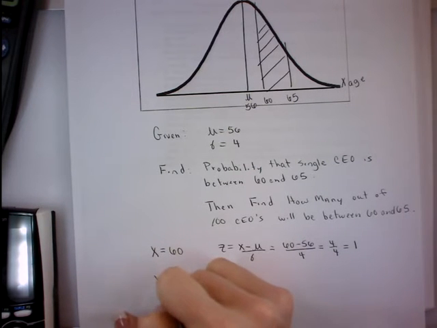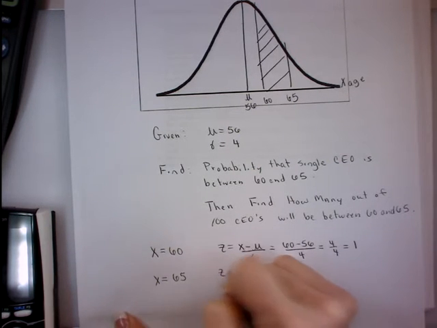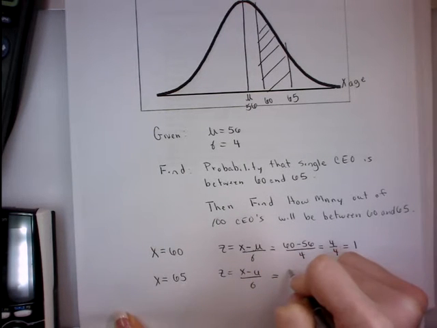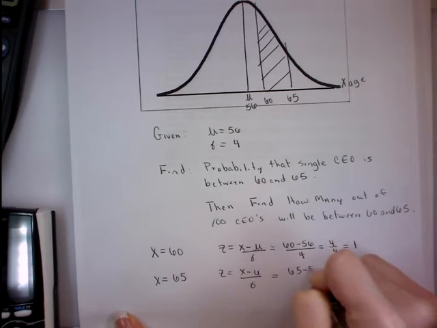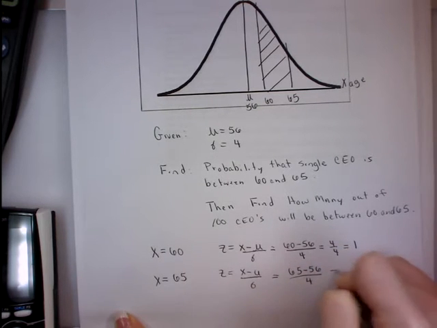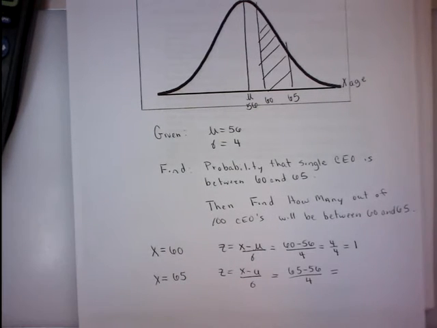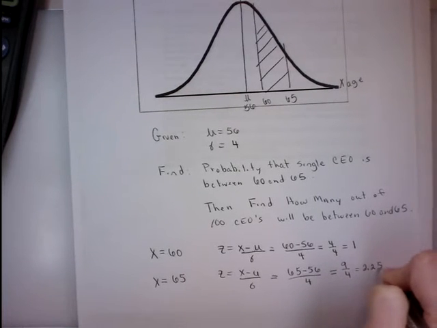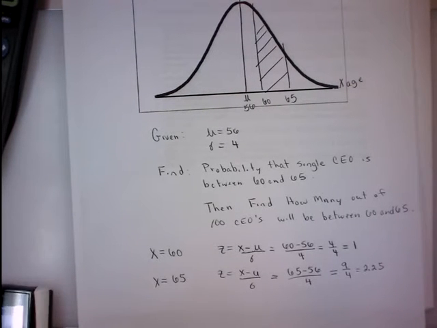The CEO that's 65, I don't think that turns out to be quite as nice. 65 minus 56 is 9. So this is 9/4, which is 2.25 standard deviations above the average age of 56.